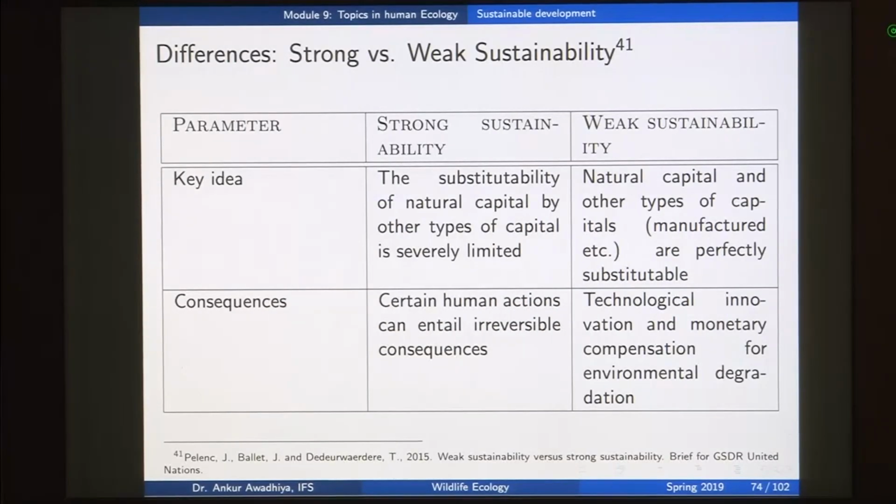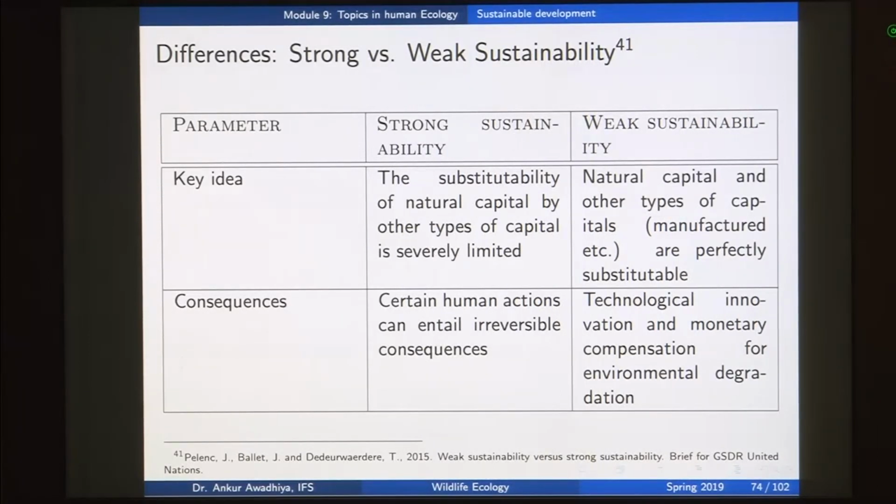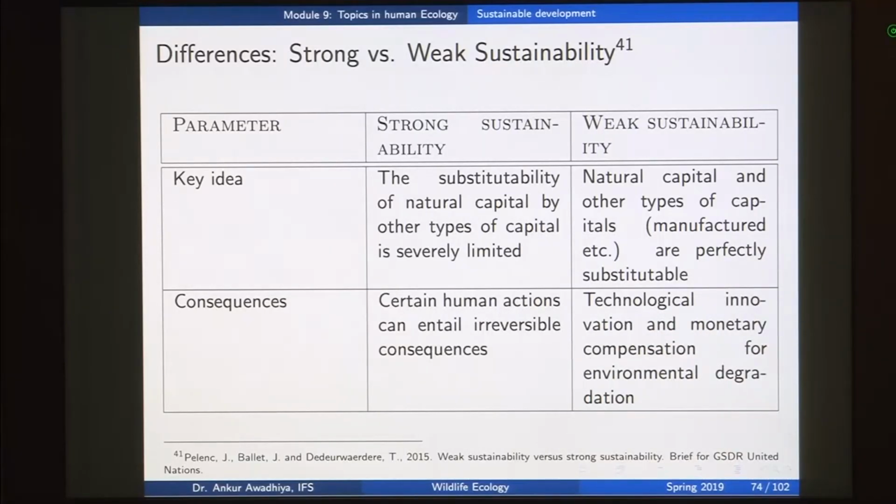Now, if you look at the differences, the first one is substitutability, which we have already discussed. If you talk about the consequences, strong sustainability, which says that things are not substitutable and you have to maintain both of these, says that certain human actions can entail irreversible consequences on the environment, and because you have destroyed your environment, you cannot make up for the loss by building more houses or a better road.